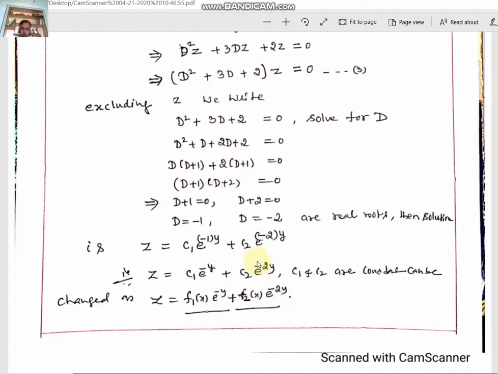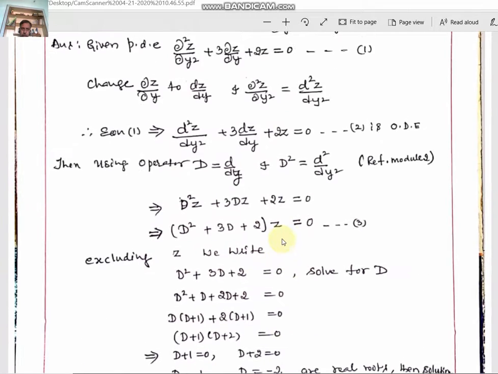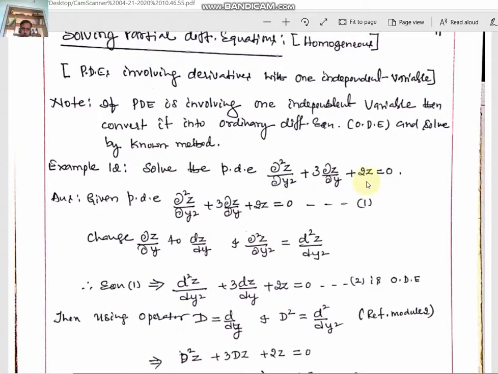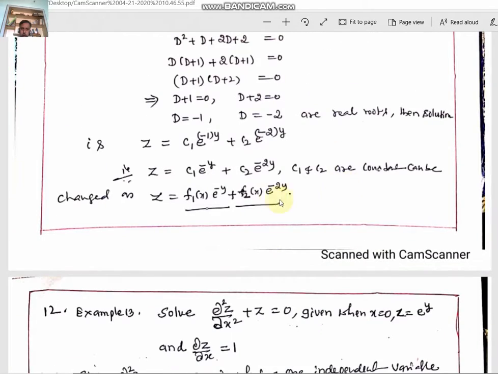So here c1 and c2 will be replaced by functions of x, because y is an independent variable and x is also an independent variable, but x is not present in the equation. In this equation x is not present, so x will be assumed constant.